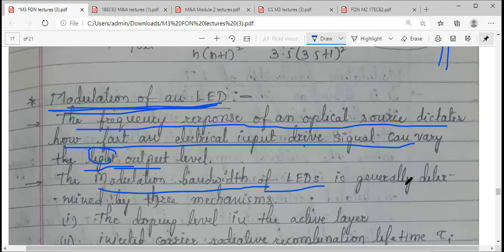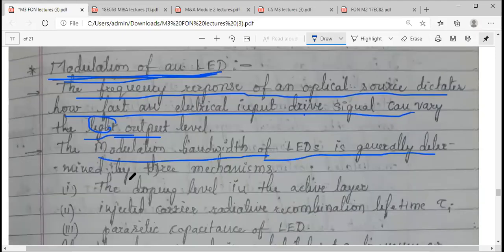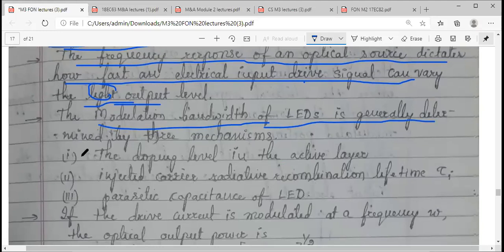The modulation bandwidth of an LED is generally determined by three mechanisms. The first one is the doping level.